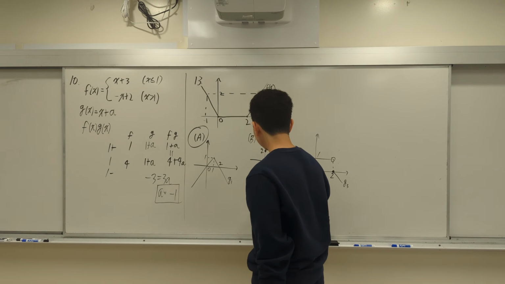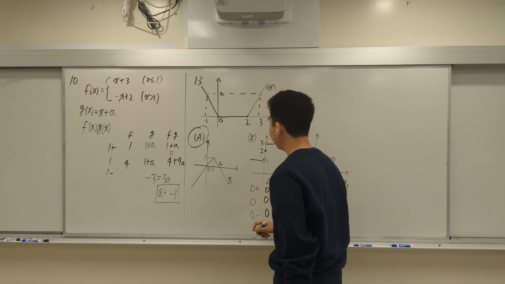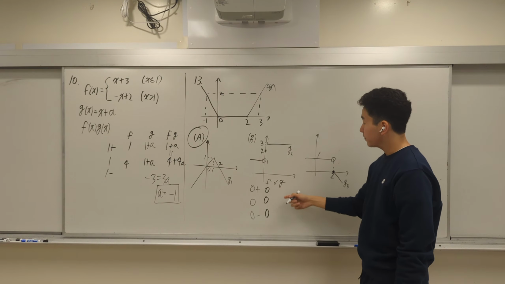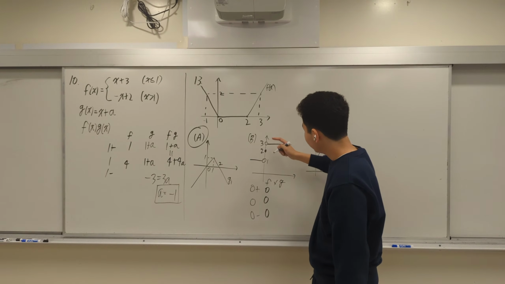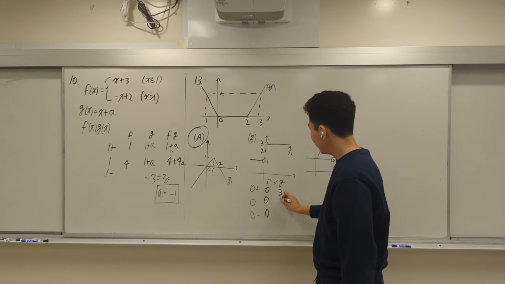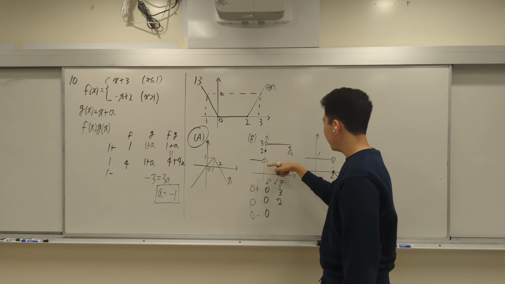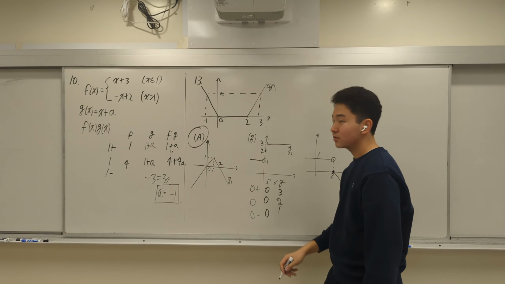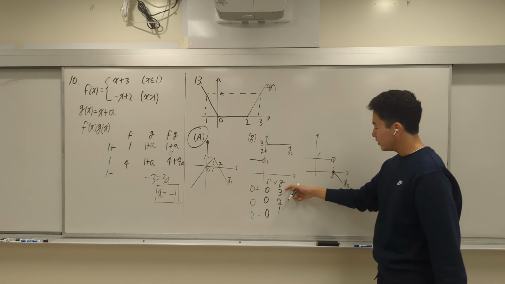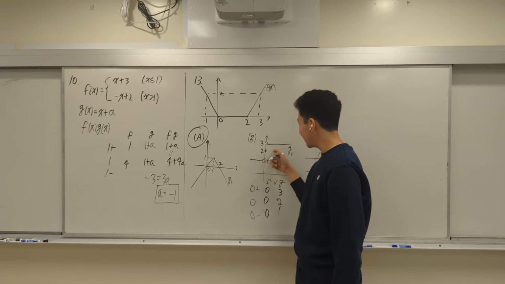At 0 minus, it's 0, and the function value is 0. G, the function value at 0 plus is 3. The limit to 0 plus is 3. The function value is at 2, and the limit to 0 minus is 1. So obviously, g of x is discontinuous at x equals 0.